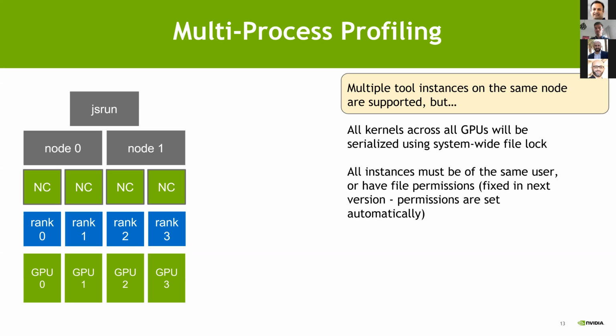And the tool has to make sure that if you run multiple Nsight Compute instances on the same system, on the same driver instance, then these don't try to acquire this performance monitor at the same time, because that would fail. And the way that's handled is we have the system-wide file lock in your temporary directory, and all kernel launches are simply serialized so that they try to acquire the file lock one after the other.